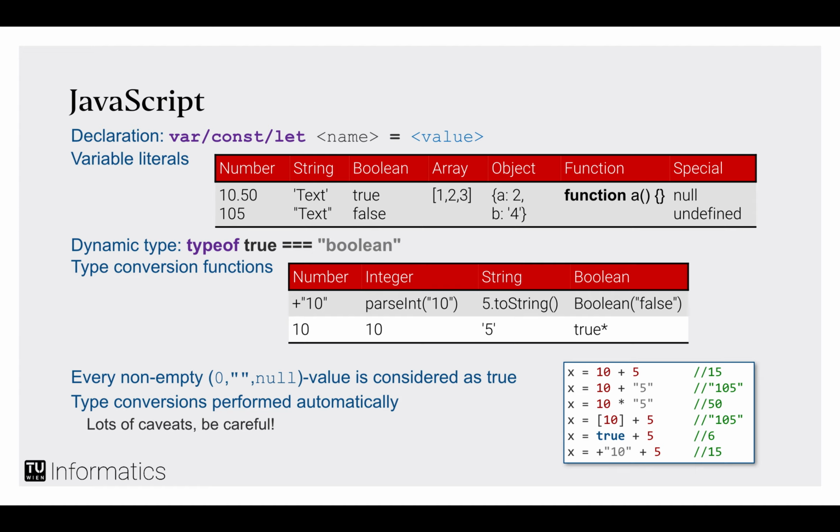And here is an overview of the types you might have in JavaScript. In order to introduce a variable, you use these three keywords: var, const, or let. We're going to go into more detail on what those mean. But for now, let's just assume you use let, you give a name and a value. So let's actually try this out in the console.